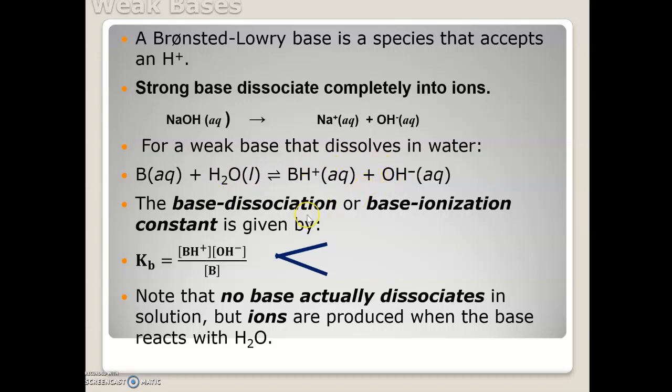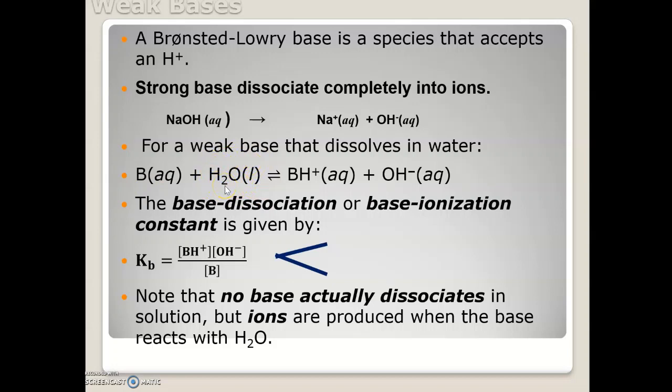If we try to express the equilibrium constant for this dissociation of base B, the equation will be Kc equal to the BH+ concentration multiplied by the OH- concentration, over the B concentration. No H2O comes out in our Kc expression.